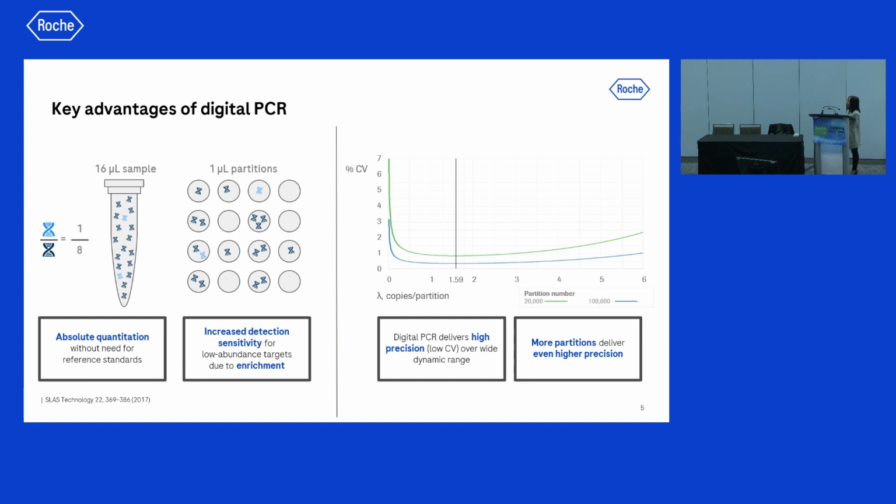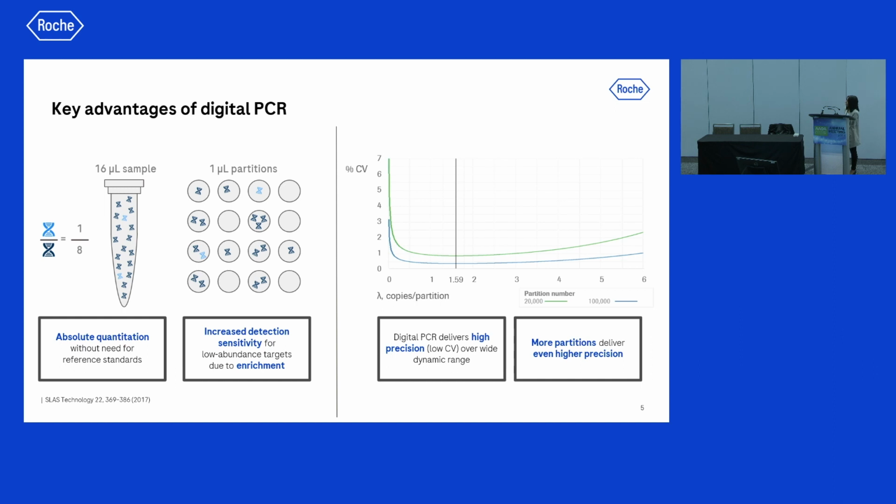Let's say hypothetically you have a 1:8 mutant to wild type ratio in a 16 microliter sample. When you take this bulk sample and partition it into smaller volume reactions, there is an enrichment of your mutant and a capability, therefore, to detect it outside of the wild type background. Again, really increasing the sensitivity.